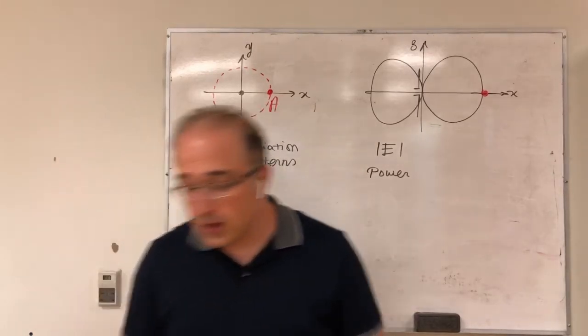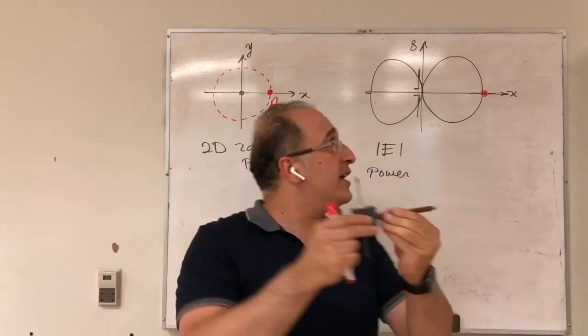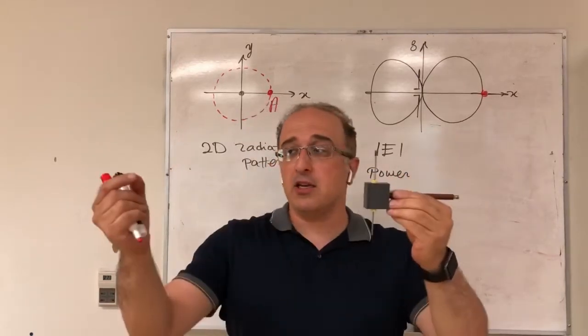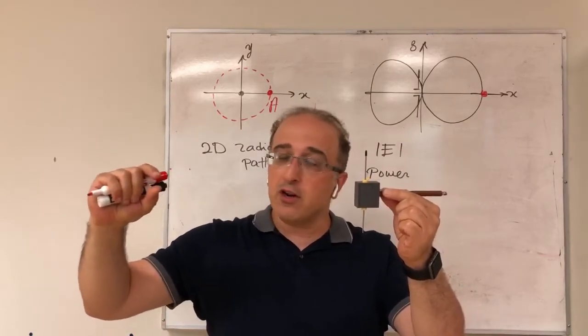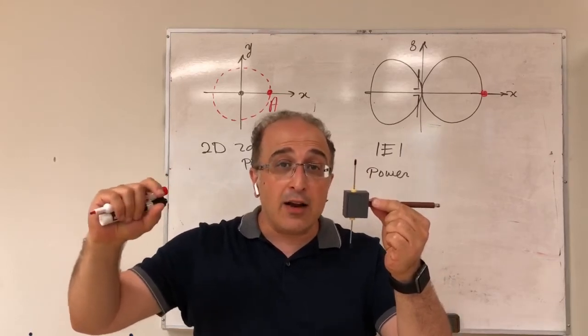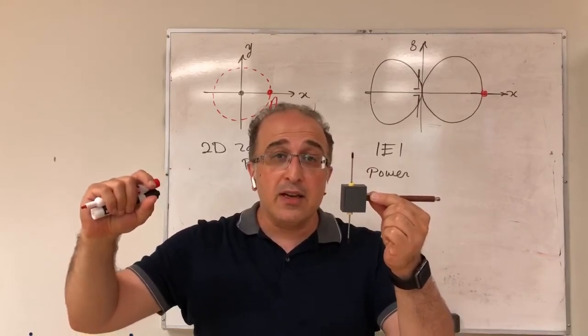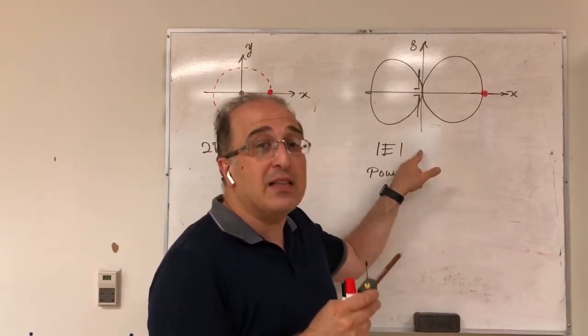For example, if this is your radiating antenna and you want to get point A information, you're gonna put another antenna here and you're gonna receive what's the signal here. Now, is this signal electric field that you're receiving? Then if that's the case, then what you are getting is a field pattern.